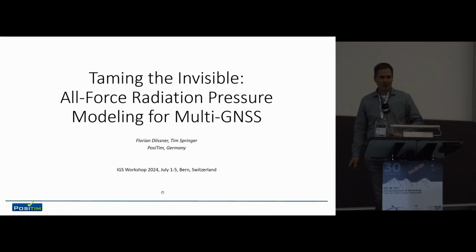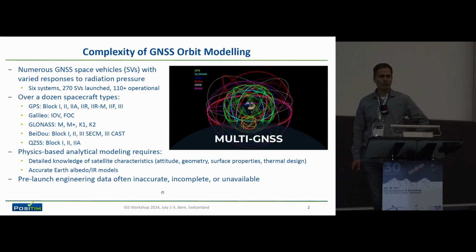The problem we are facing here is GNSS orbit modeling. Nowadays we have numerous GNSS satellites in orbit, about 100 satellites operational and another 170 that have been launched in the past. And we have dozens of different spacecraft types, different generations of satellites, and also subtypes of satellites.